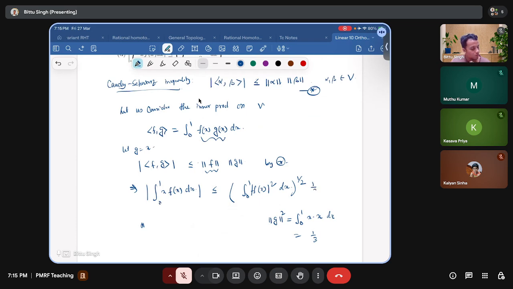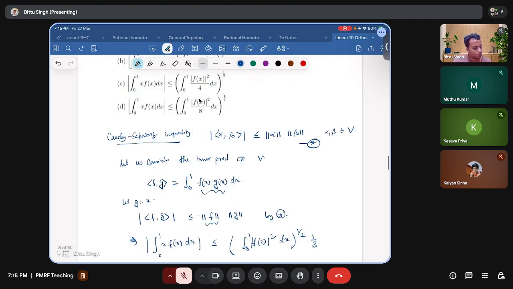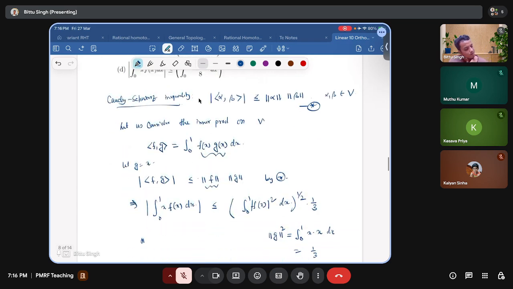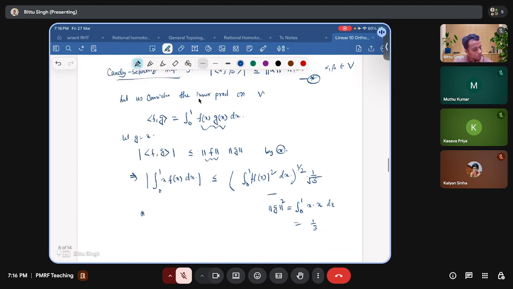So we can write 1/3 here. But of course we need to take the positive square root of this to get the norm.